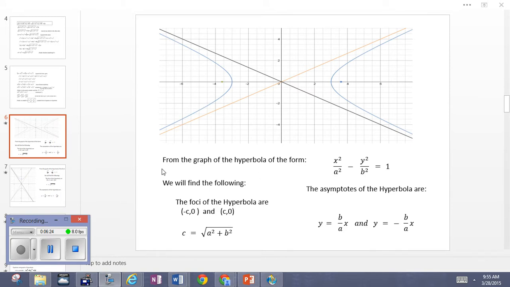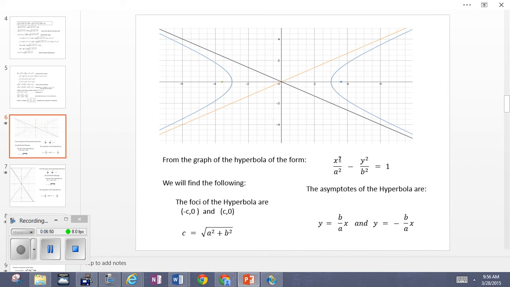Okay, so we're back, and here's our summary sheet on the hyperbolas opening left and right. Again, easy to determine by where the intercepts are. The items to remember based on the equation: number one, if it's equal to something other than 1, we have to divide through to get it into this form and identify our A and B terms.